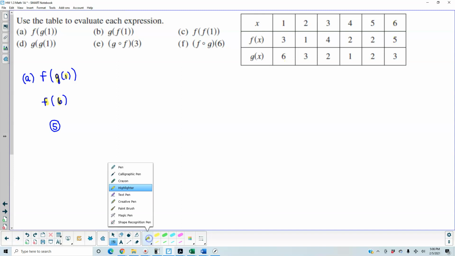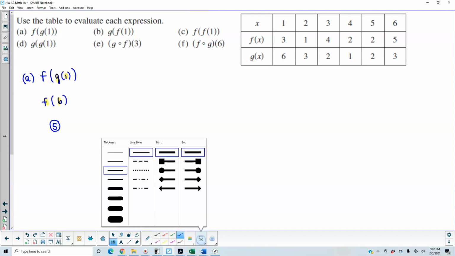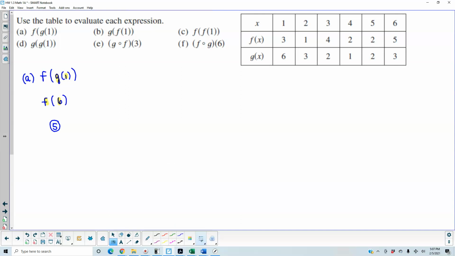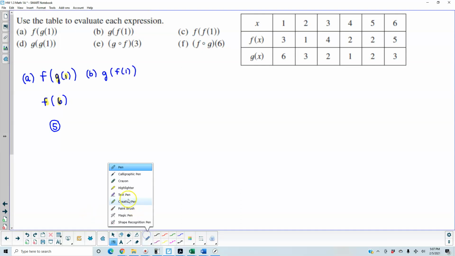Okay, next we have part B. For part B, we have g of f of 1. What that means is that 1 is the input on f.